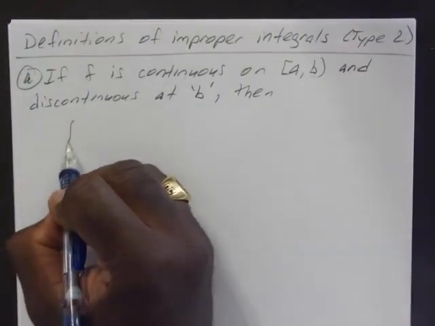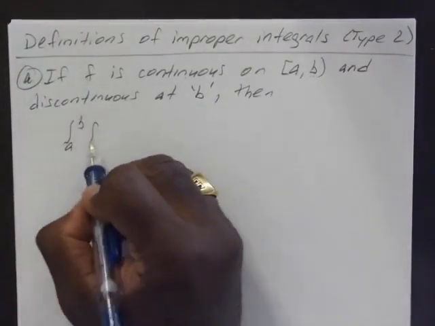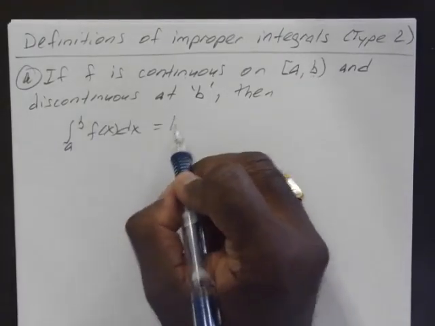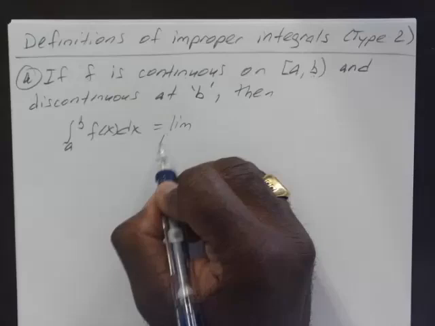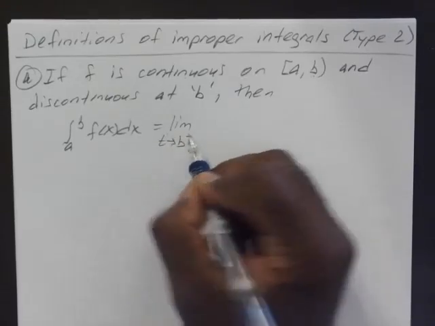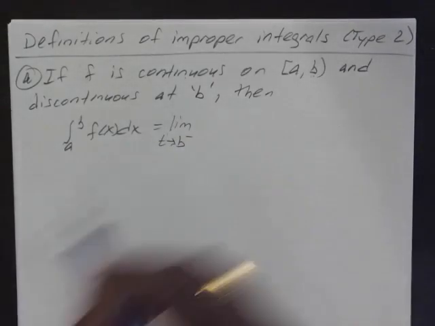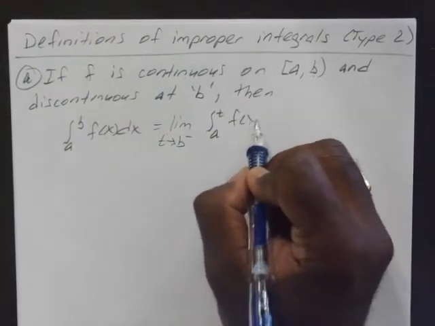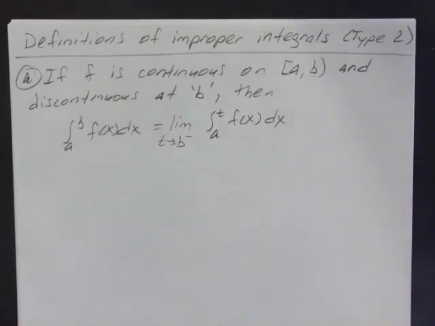then we know that the integral from A to B of f of x with respect to x is equal to the limit as t approaches B from the left of the integral from A to t of f of x with respect to x.